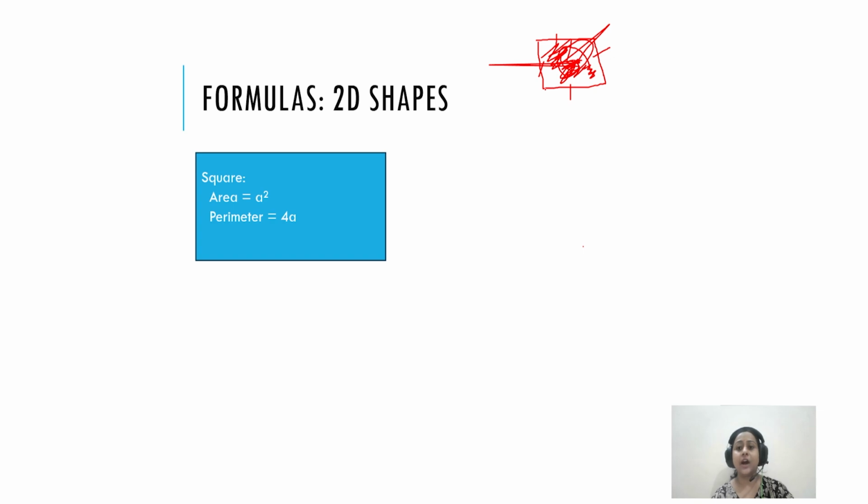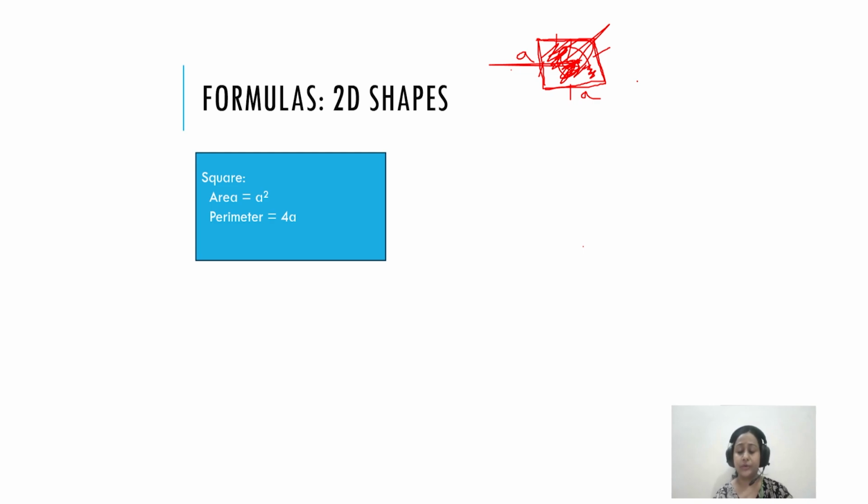On the other hand, this outer boundary, this plus this plus this plus this, will be measured by the perimeter. What is the formula for a square? The area is a square. Suppose this is a, this is also a, so it will be a into a. Whereas the perimeter is 4 into a, so a plus a plus a plus a, which is 4a.